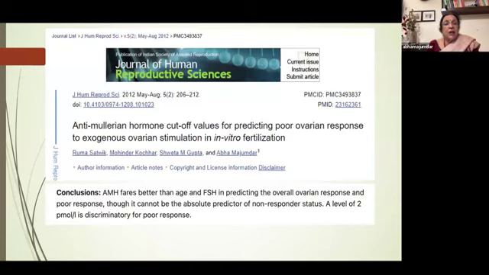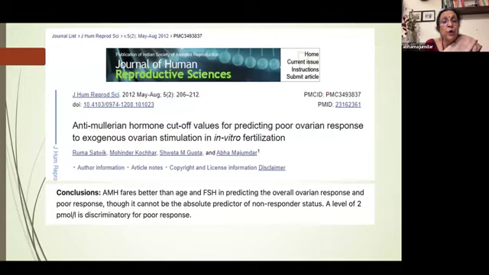Now we get on to our own article, which we did together when Ruma was a PG. This was published in the Journal of Human Reproductive Sciences in 2012: Anti-Mullerian hormone cutoff values for predicting poor ovarian reserve to exogenous ovarian stimulation in IVF.